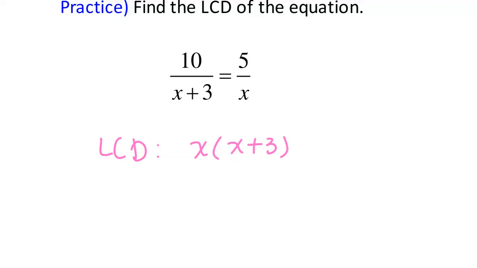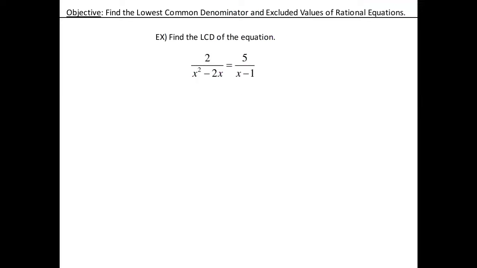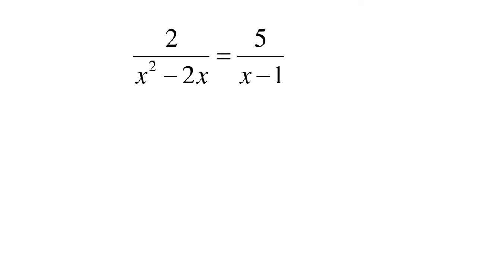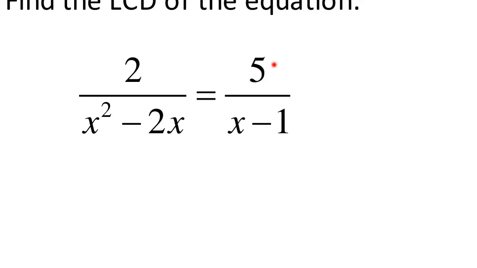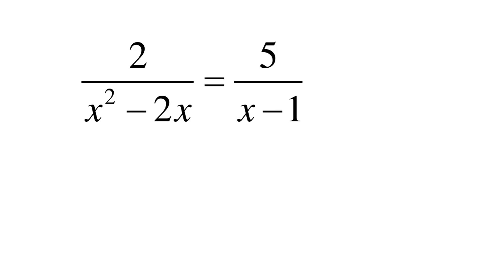So let's go back, I believe, to the front page. And we're going to do the next example. So this is at the bottom left-hand corner of your notes. You guys have to copy this fraction, 5 over x minus 1. Okay, again, you're copying this one.